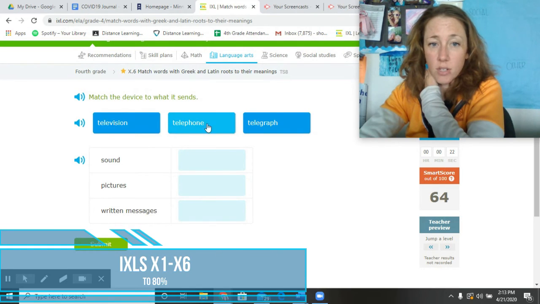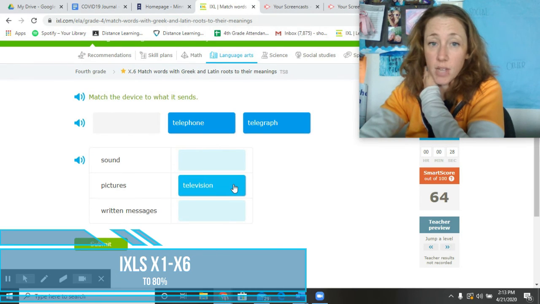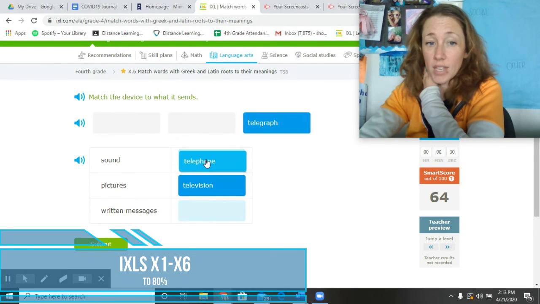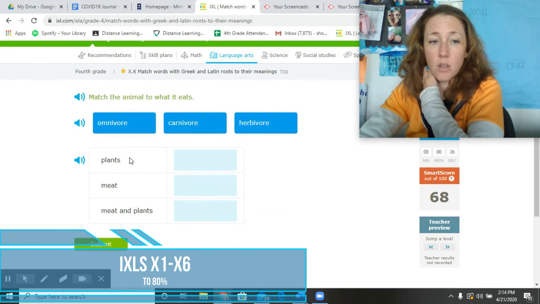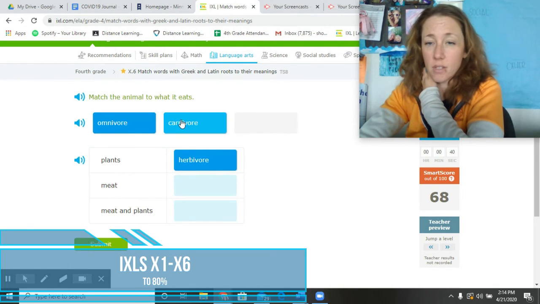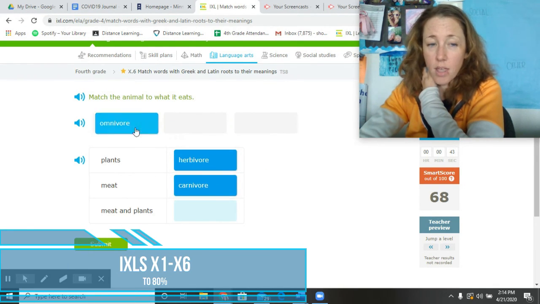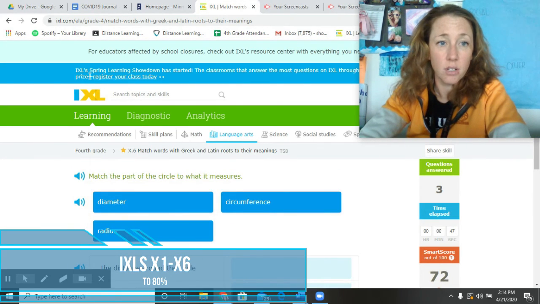So I have a television, a telephone, and a telegraph. Well, I know a television is pictures. I can see what's happening on the screen. A telephone I can only hear, and a telegraph must be a written message then. Animal to what it eats. Plants. Herbs, an herbivore. Meat is a carnivore. An omnivore must be what eats both. So it's kind of the process of elimination there.